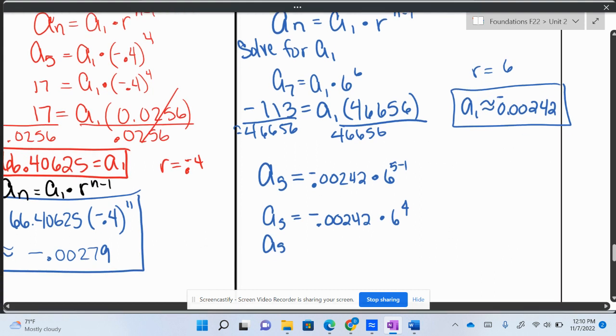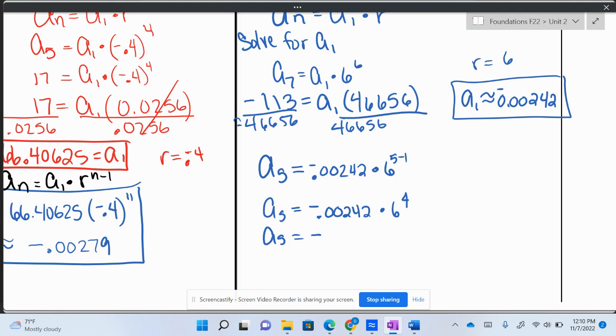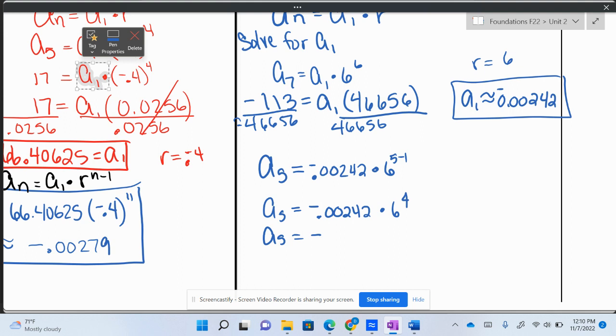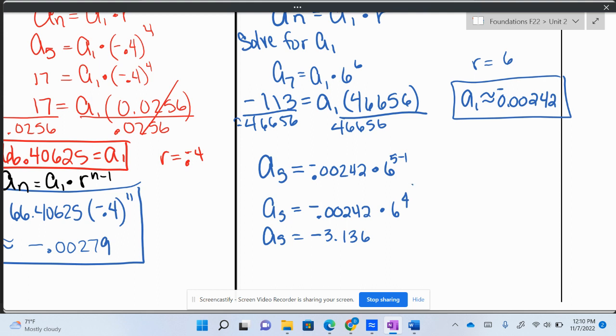So A to the fifth equals negative what? Is it like negative 3.136? Is someone doing that on their calculator? Negative 3.136. So you could leave either one of these answers.